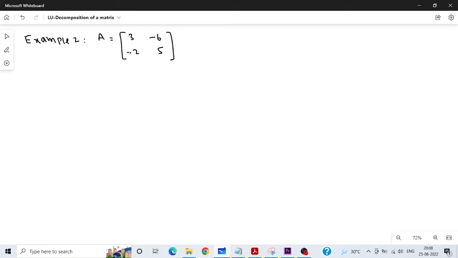Now let's apply similar row operations as in the previous example. Here we are going to change R2. We are going to make this element 0 because we are going to convert A into an upper triangular matrix. So R2 changes to R2 minus something in the bracket, and then we are going to use R1.